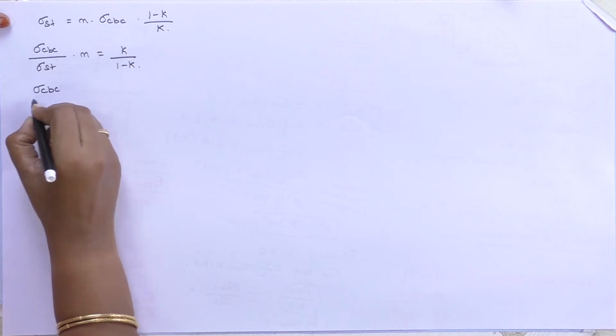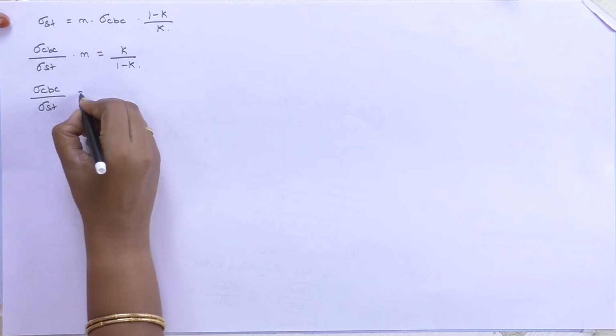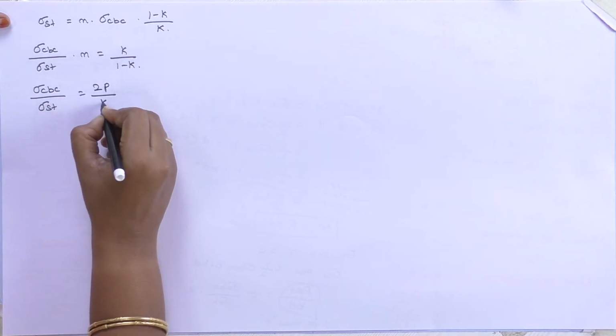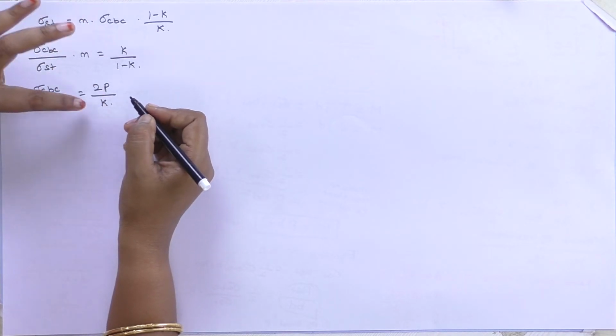Sigma CBC divided by sigma ST is equal to 2P divided by K. It is in the form of reinforcement ratio.